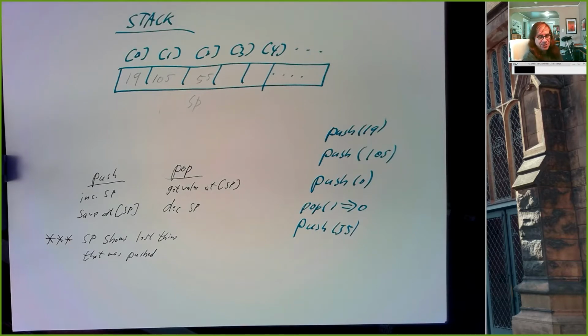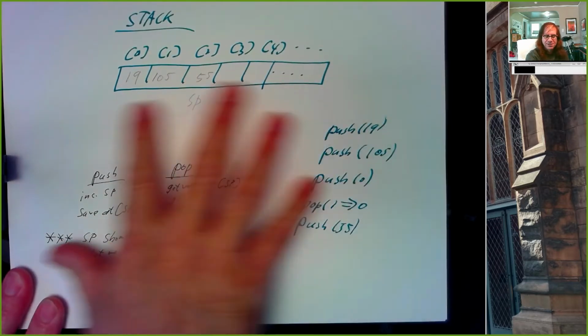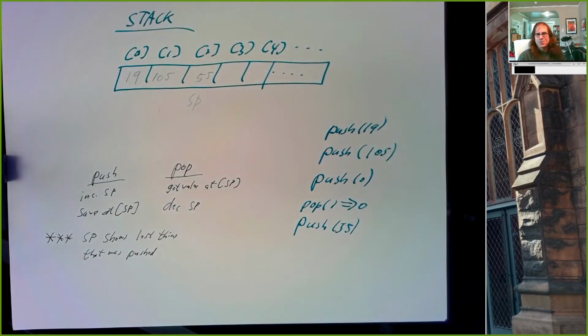And this is a really good example where if you have uninitialized variables, lots of weird things can happen. Because your local variables come from the stack, and who knows what's in the stack? It's just whatever happened to be there.